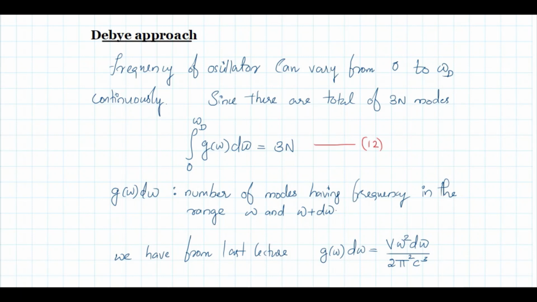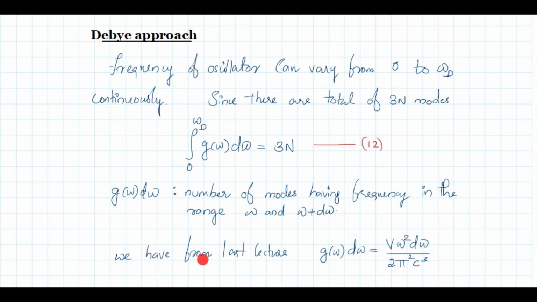This g of omega d omega is the number of modes having frequency in the range omega to omega plus d omega. When you integrate from 0 to omega D, you will get the total number of modes. That should be 3N. I think it is clear. Call this equation number 12.